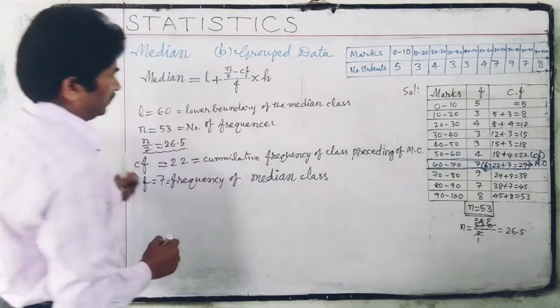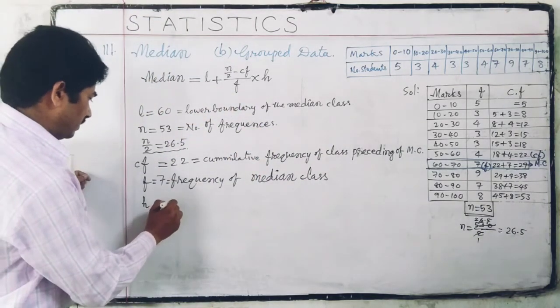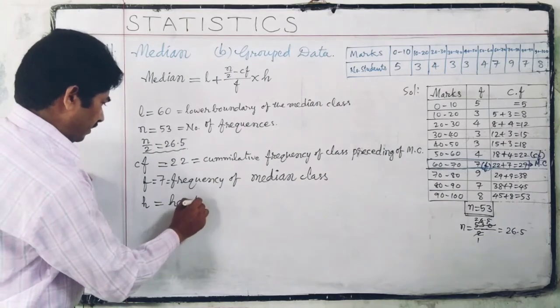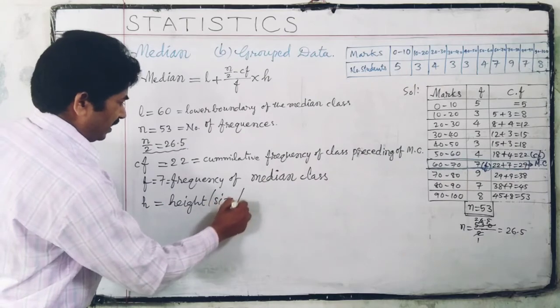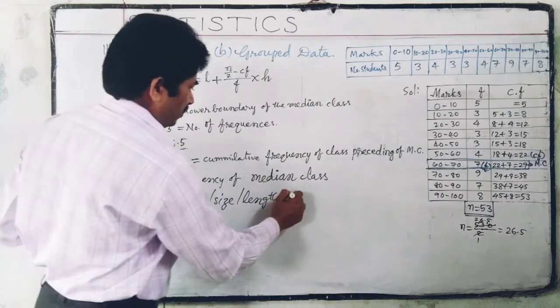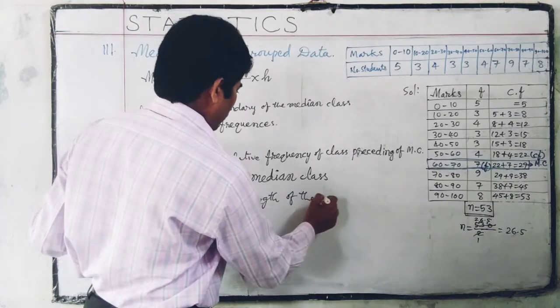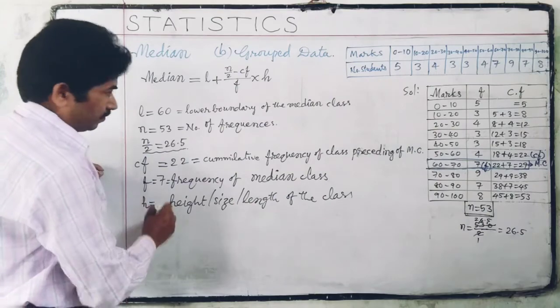Next, H is the height, or size, or length of the class. So how much is the length of the class?